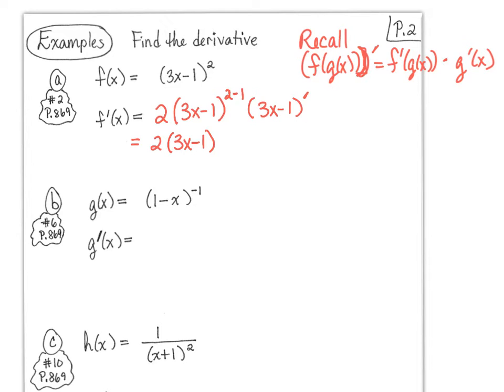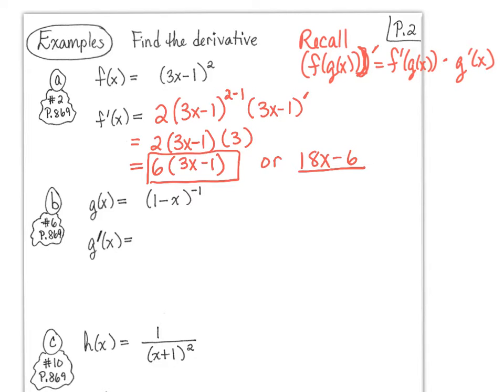What's that? 3. So you multiply that by 3, and then that gives us 6 times the quantity 3x minus 1. And this is your answer. Alternatively, you could go ahead and distribute the 6, and you get 18x minus 6. So either answer is acceptable.